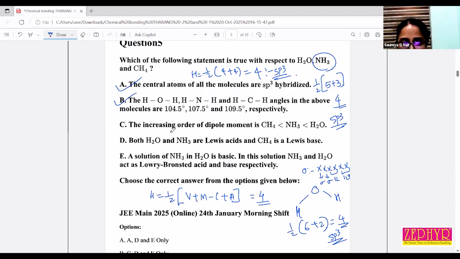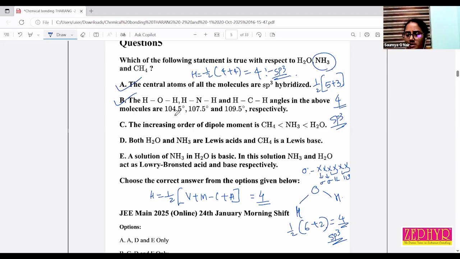A and B are correct. Then the increasing order of dipole moment is CH4 less than ammonia less than water. Is it correct? CH4 is not a polar molecule; it is a non-polar molecule.